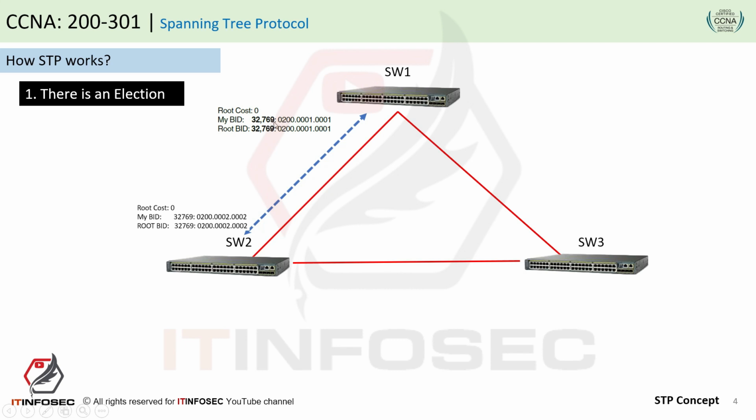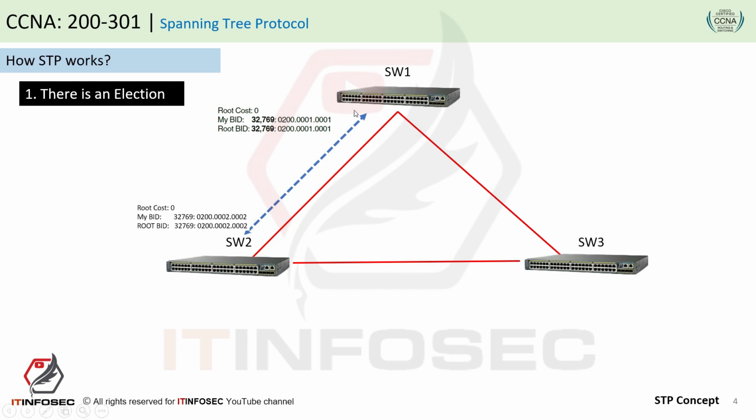For each bridge ID, a priority number or MAC address with a lower value is better in the election, and has the best opportunity to become the root switch.